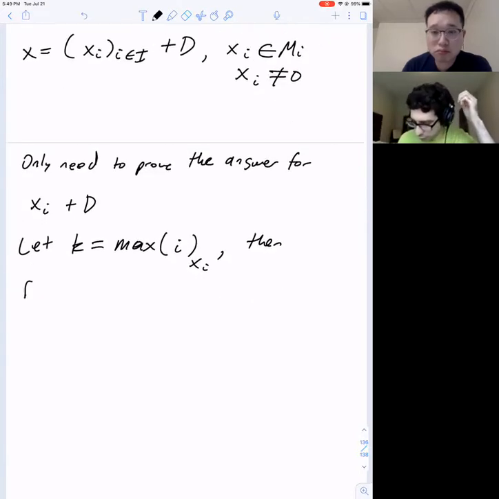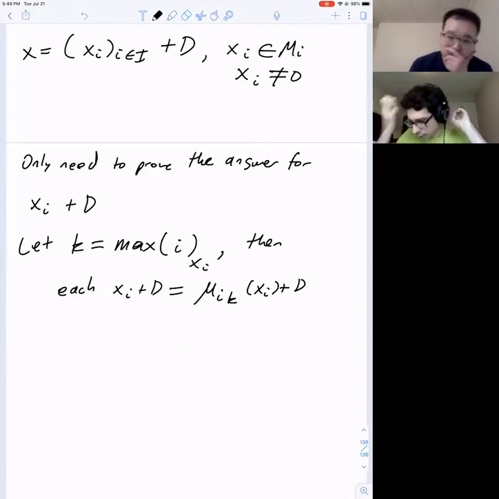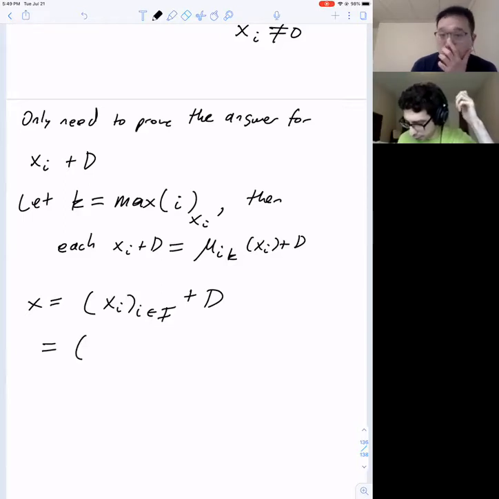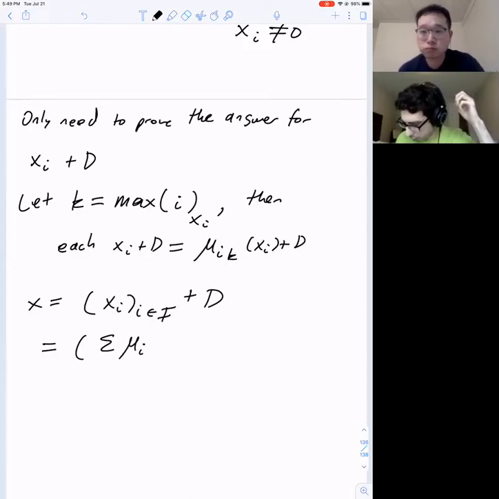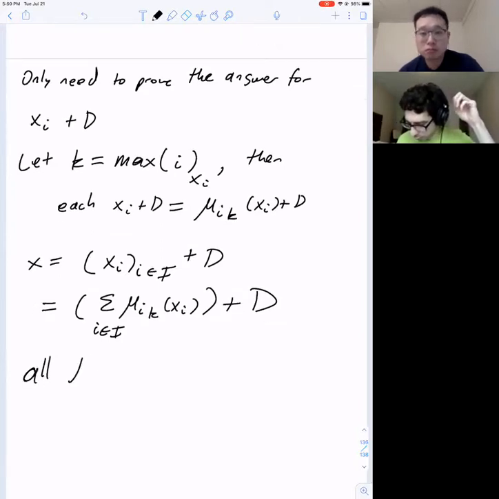Then for each xi plus D, this is actually equal to mu ik of xi plus D. And so if x is the tuple of these, that's the same thing as saying it is the sum of all of these mu ik of xi plus D. But these are all elements of Mk.